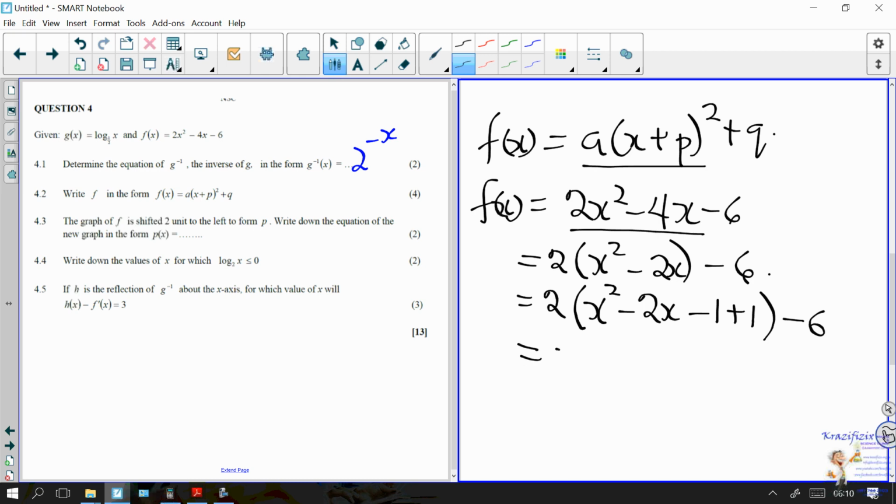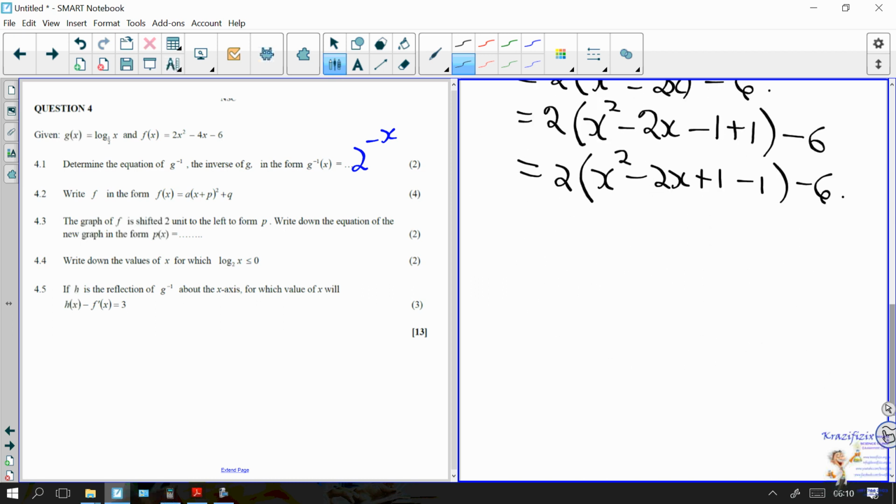In order for me to factorize, I would rearrange. Here I can easily find my factors. We are going to factorize this. If you factorize that, what are you going to have? x minus 1 squared. So the whole of this is giving me x minus 1 squared.